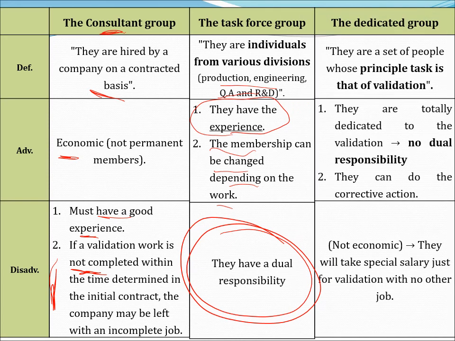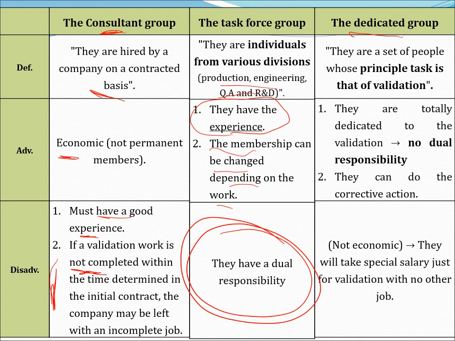The third option is to have a dedicated group. One group for my people, for my pharmaceutical plant, having a job of validation all over the year. It's very good. They have, of course, more experience, they have the knowledge of what is going on in the pharmaceutical plant, and they also have more experience regarding how the validation should be done.